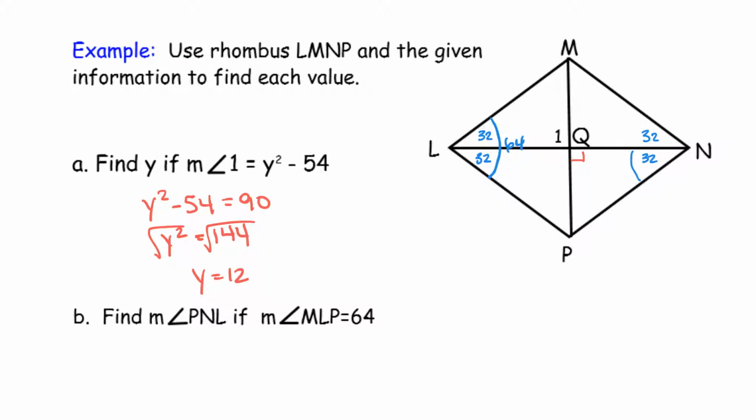Another way to think about this is, this triangle right here is isosceles because you have a rhombus, which means all 4 sides are congruent. So that makes these 32-degree angles base angles of that isosceles triangle. So we know that the measure of angle PNL is equal to 32 degrees.